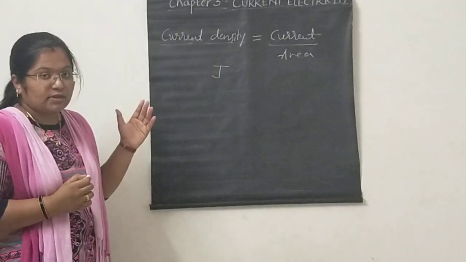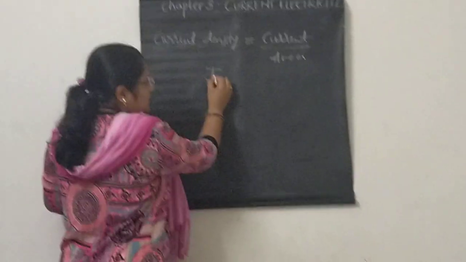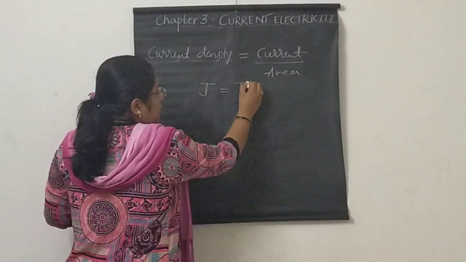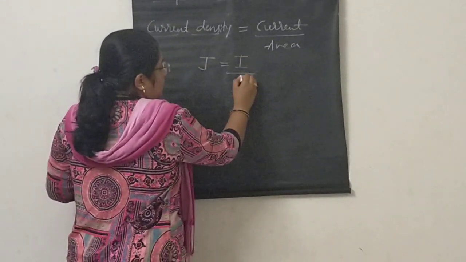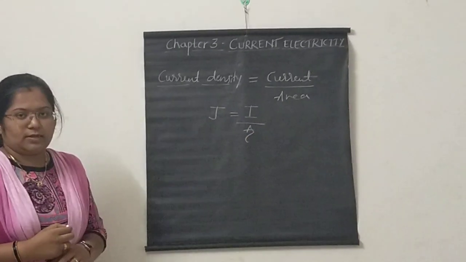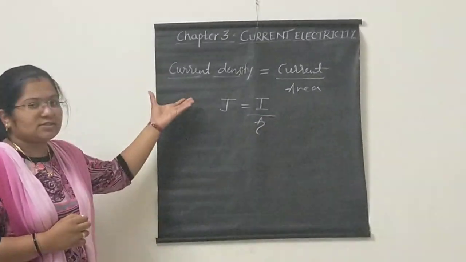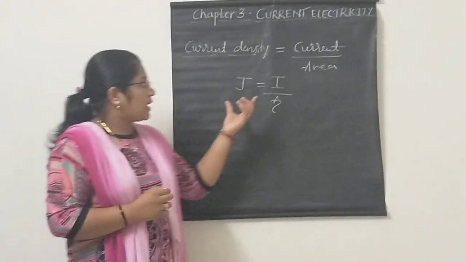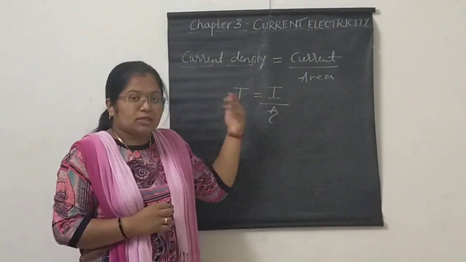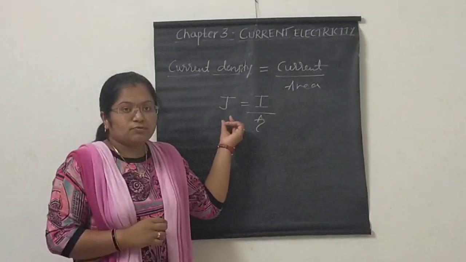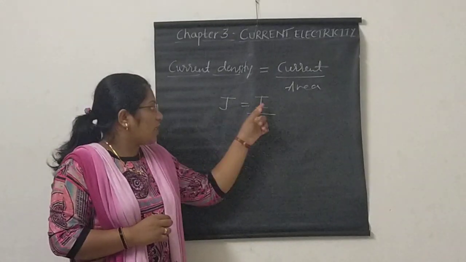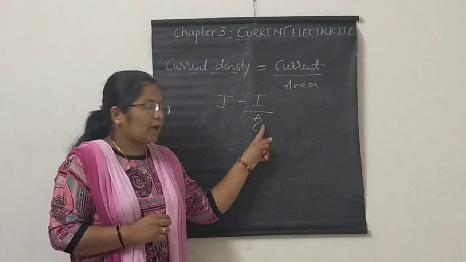So how have we defined it? The current density is nothing but the current moving in a conductor per unit area of the conductor. Understood? It's just a simple definition. By this expression you can think of what the SI unit for current density will be. We have current here and we have area.